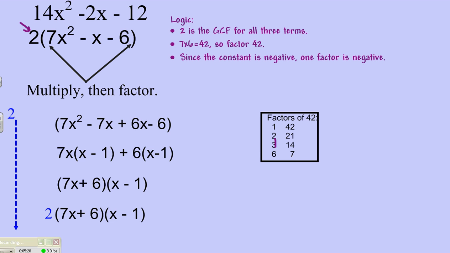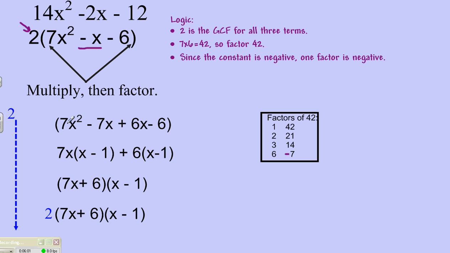And we need minus 1 in the middle. So these 2, 6 and 7, if 7 is negative, 6 times negative 7 will give me the negative 42 I needed, but it'll also give me a minus 1 when I add them. So positive 6, negative 7 are my x coefficients.